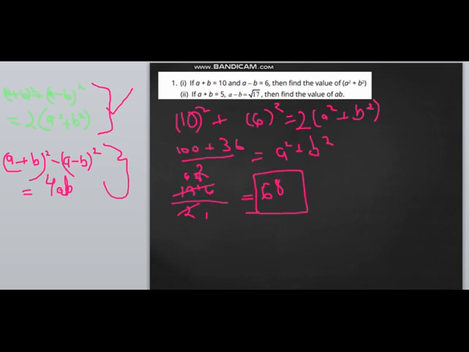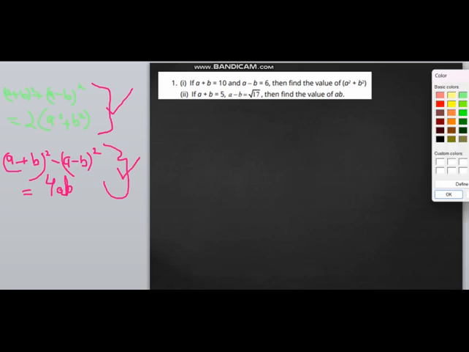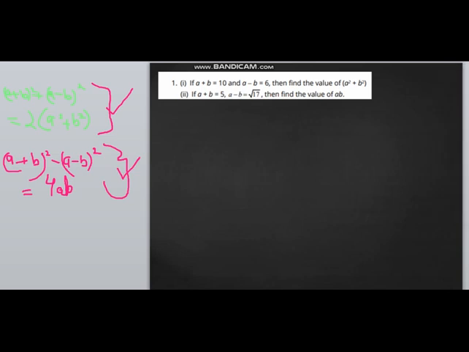Let's erase everything else and focus on part 2. If a plus b is 5, a minus b is root 17, we have to find the value of ab. So we're going to use the second formula here. Let me change the color to something more convenient. A plus b is 5, so 5 squared minus a minus b is root 17, so root 17 squared is equals to 4ab.